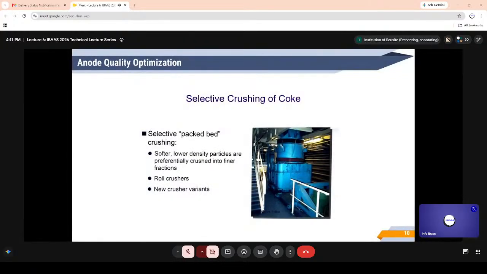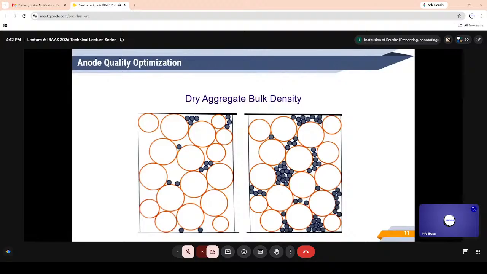The large grains are subjected to minimum crushing using Rodax crushers, roll crushers, and cone crushers. The large grains have higher VBD and provide strength to the anodes. The white spaces between large grains are filled with fines fraction, thereby achieving higher VBD dry aggregates. This helps to have higher anode density.